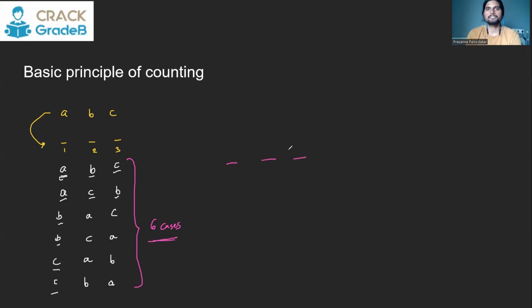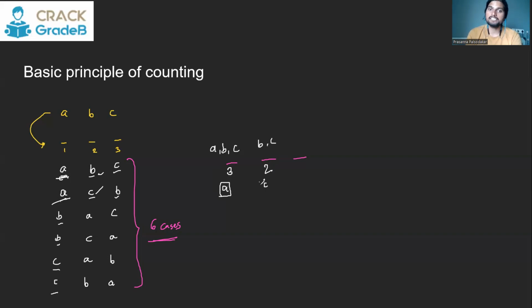See, there are 3 chairs. On the first chair, we have 3 choices. You can make either A sit, B sit, or C sit here. So we have a total of 3 choices. Let's say we made A sit in this place. Against A, there will be 2 choices here: either B or C can sit. That means we have 2 choices.